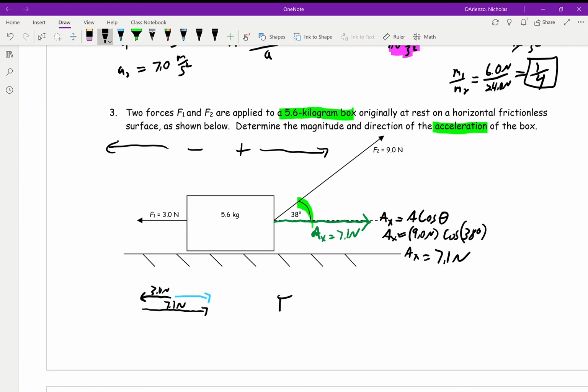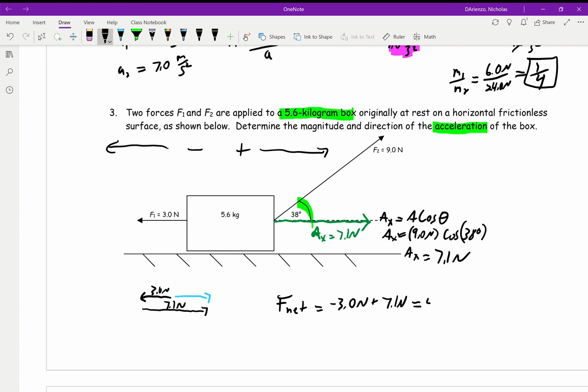Now algebraically, if we add these together, again the negative direction meaning to the left, so this force becomes minus 3.0 newtons. We'll add that using vector addition to the x component of our 9 Newton vector, which was 7.1 newtons, positive because it's moving to the right.